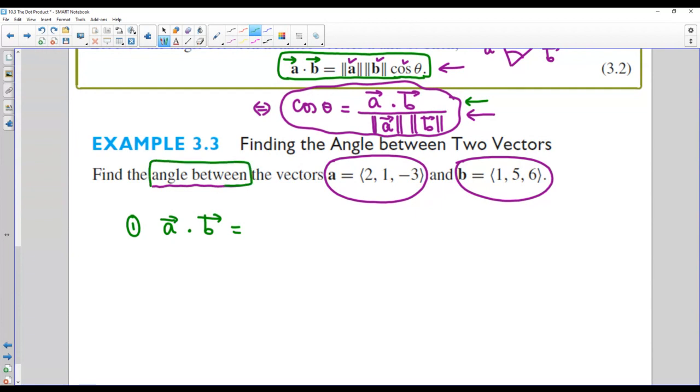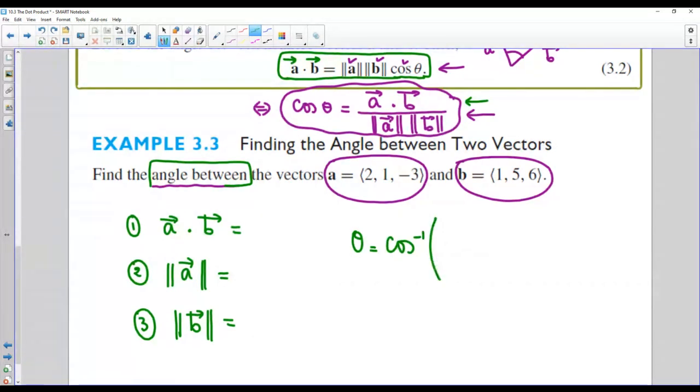We need the dot product, we need the magnitude of A, we need the magnitude of B. And then we can find the angle theta as the cosine inverse of A dot B over the magnitude of A times the magnitude of B.